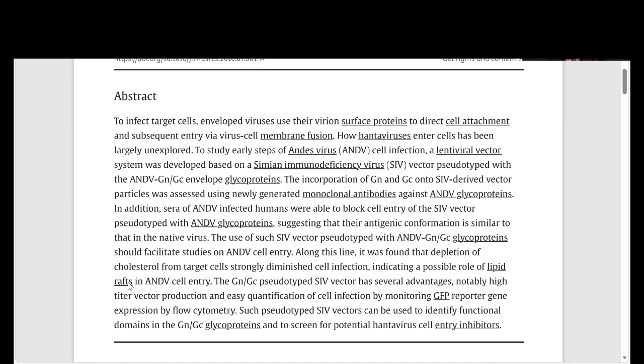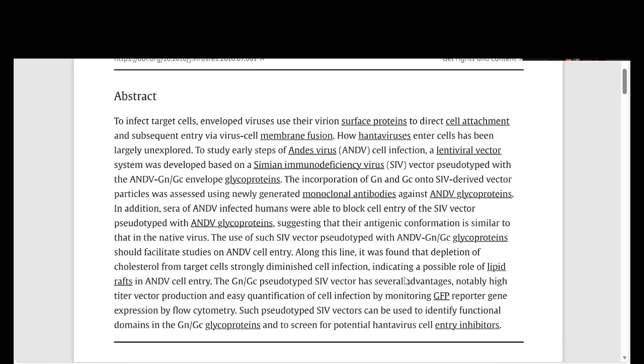And it also seems to need a helper, and that helper seems to be a beta-3 integrin. Now, the lipid raft may be helping add and consolidate the protocadherin 1s and the beta-3 integrins together.